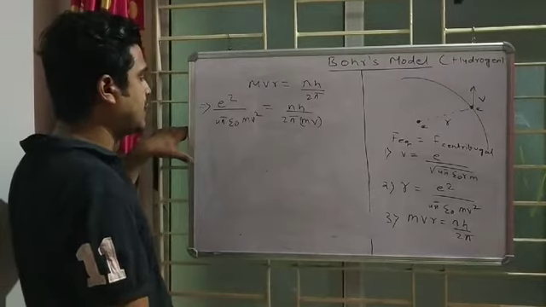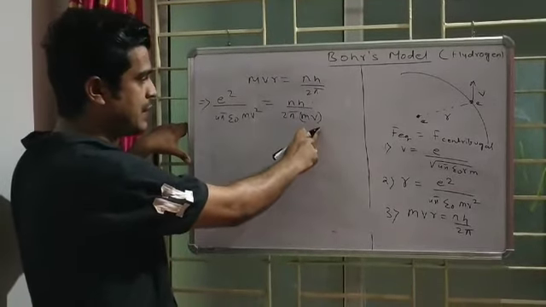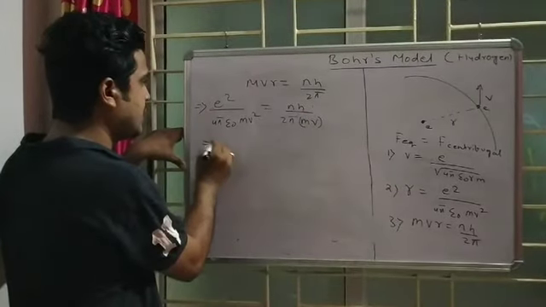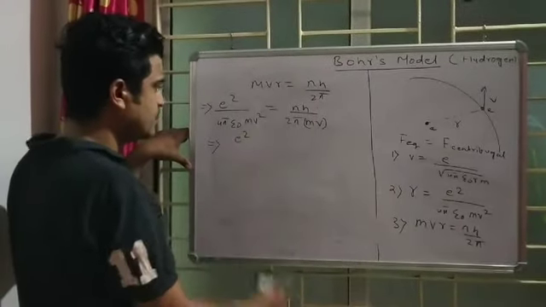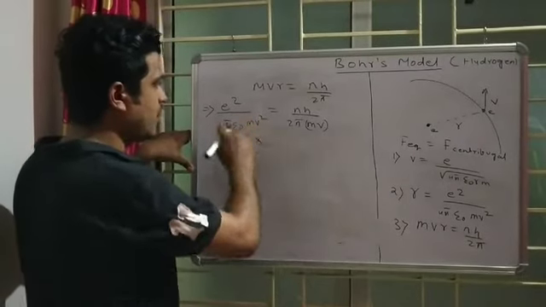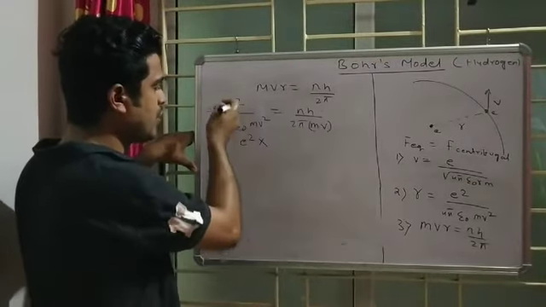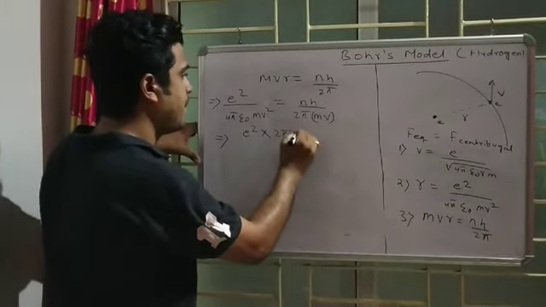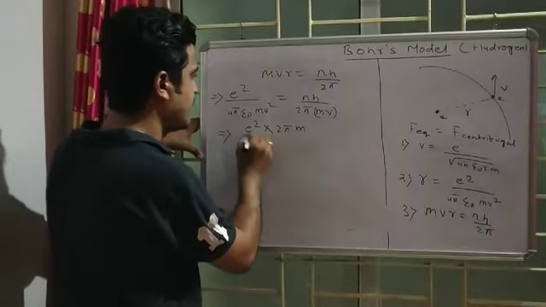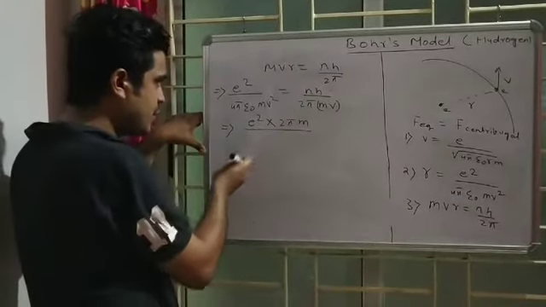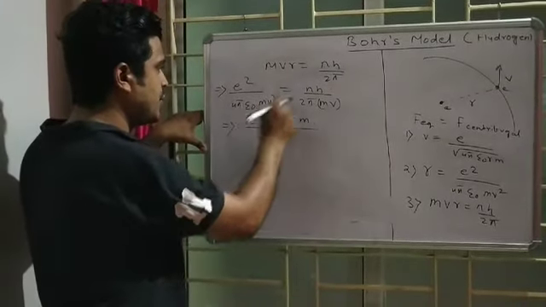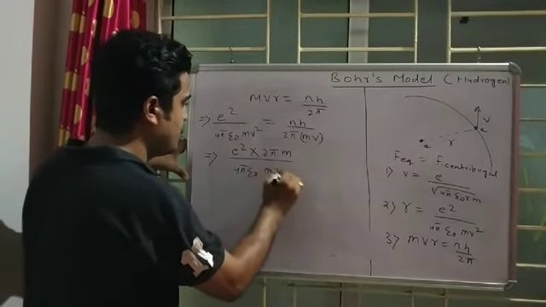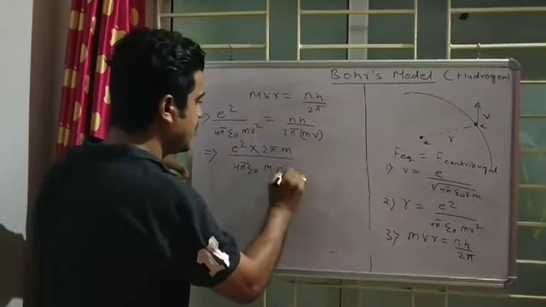So now what I can observe here is v square, and here v is there. If this v square goes to that side, then I can write like this: e square into cross multiplication. So this v will go there, 2 pi m divided by 4 pi epsilon 0 m into n into h.